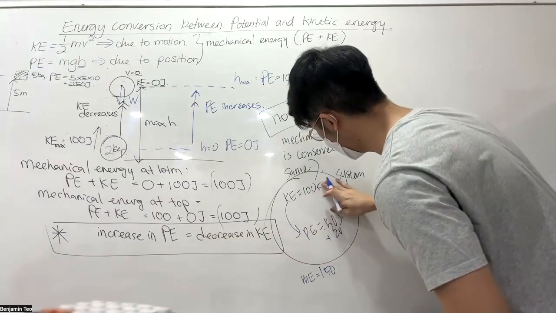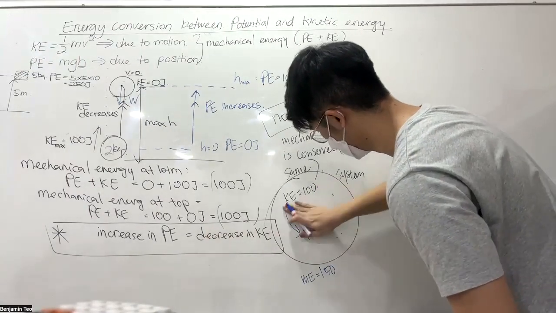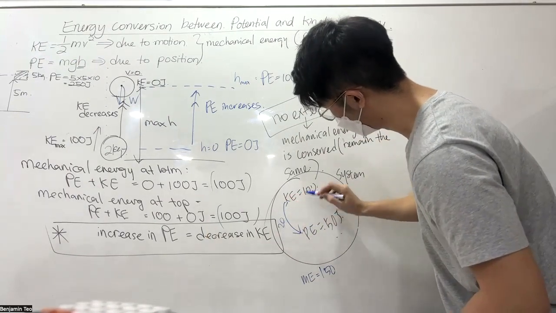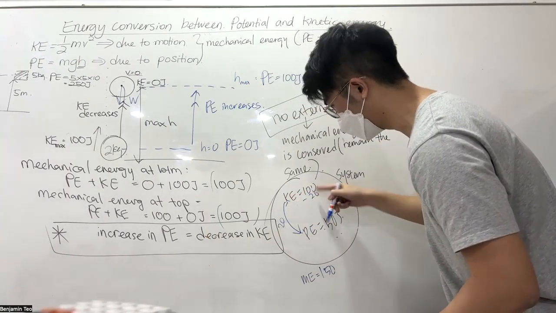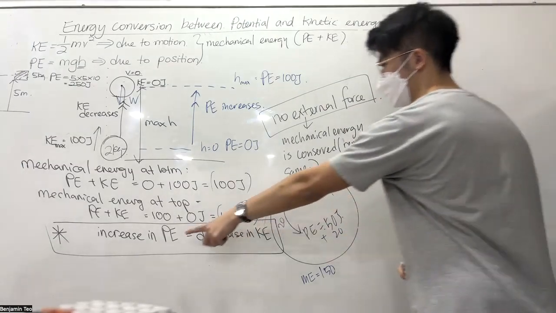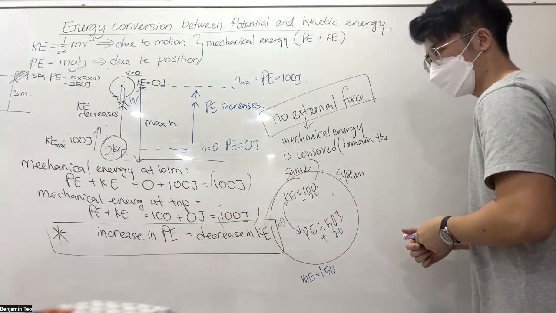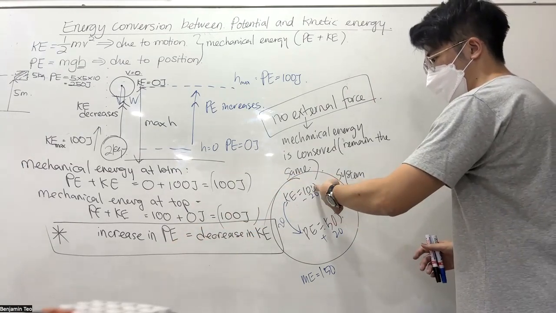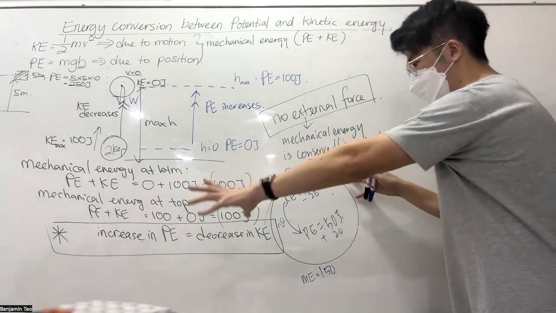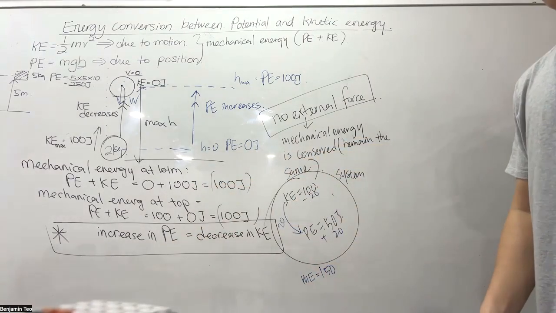So if energy transfers from here to here, this one will decrease in KE, this one will increase in PE. Okay? Or I transfer back, decrease in PE, increase in KE, but the overall must be the same.